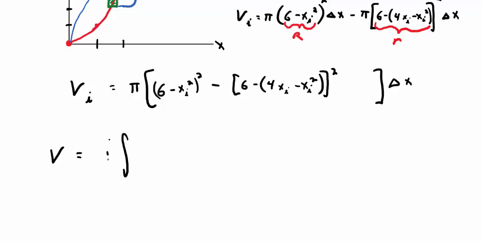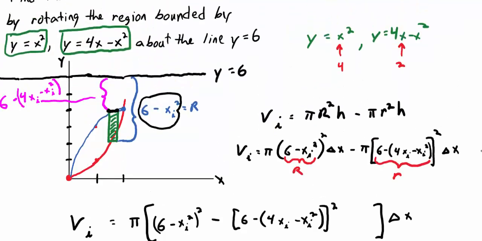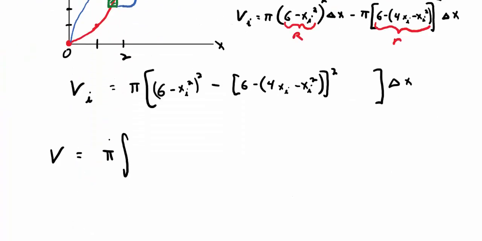We can pull the pi out, and then it's with respect to x, so think left to right. What's the lower limit of integration? 0. What's the upper limit? 2. So 0 to 2.